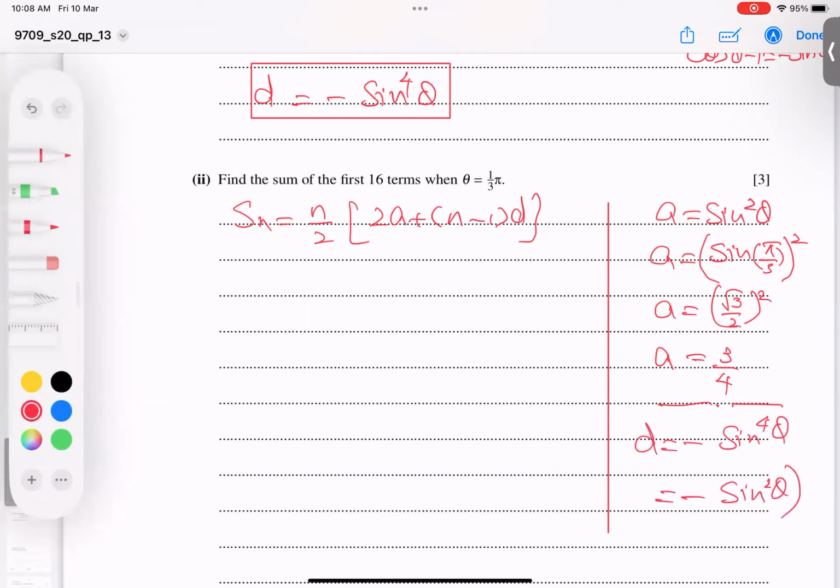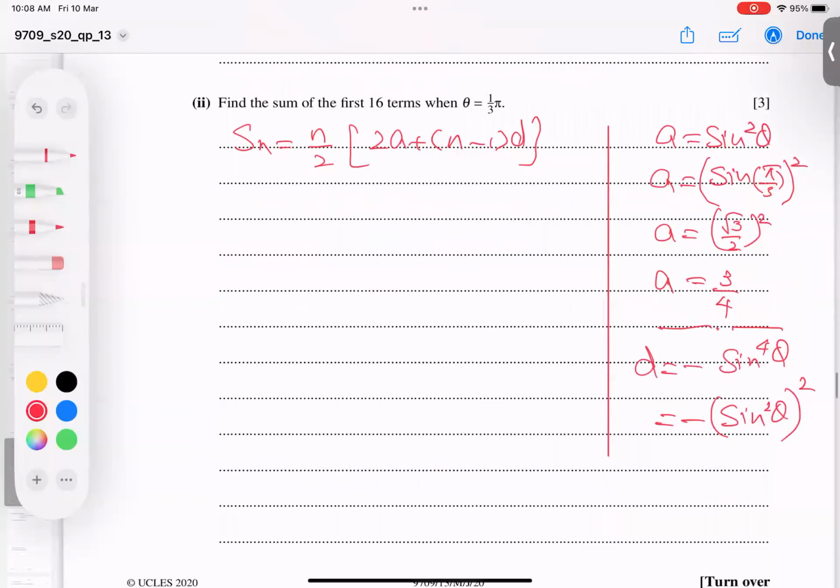It is a square again, which gives you this one. And this answer is matching. This is 3 by 4. I get negative 9 over 16. So I think now we can replace it. n is 16. A value is 3 by 4.